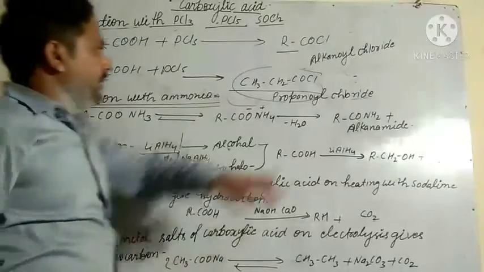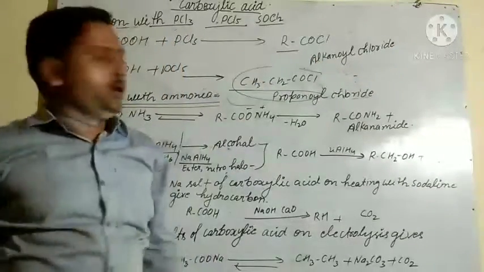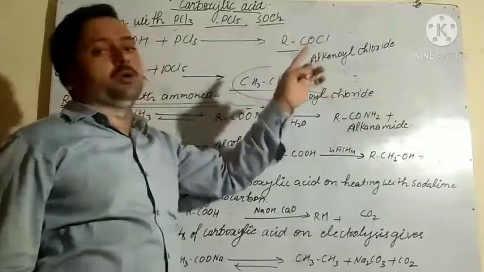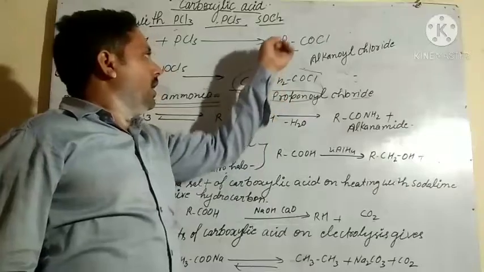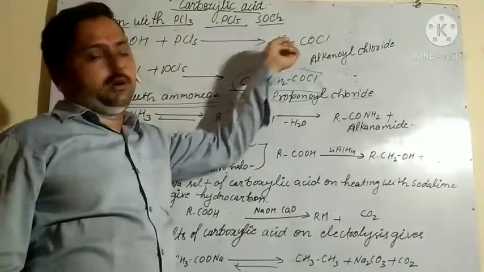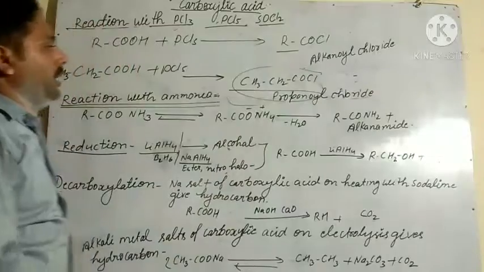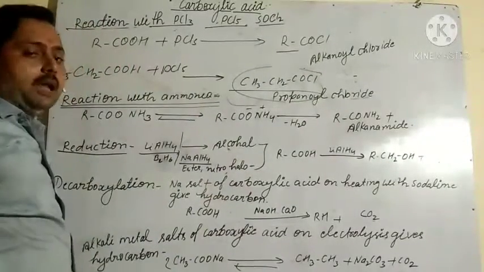Sorry students, the name here will be alkanoyl chloride or alkanoyl halide. So the name of this one will be propanoyl chloride, not propyl chloride, not alkyl chloride. The name is alkanoyl chloride, and we can get any carbon chain alkanoyl chloride.